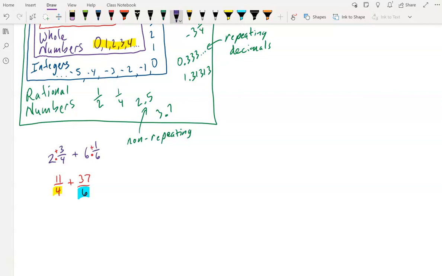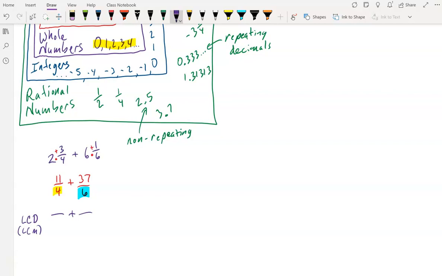So we have to find the LCD, the least common denominator. And to find that, we have to find the least common multiple of the two denominators. We have to find the smallest number that 4 and 6 will both go into. I always look to see, first of all, is it 4 or is it 6?